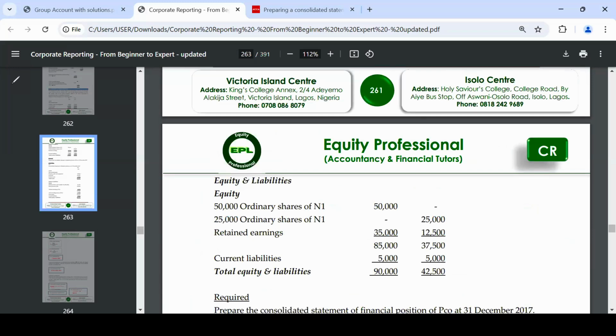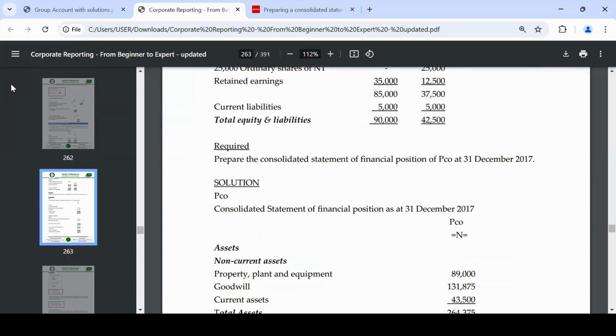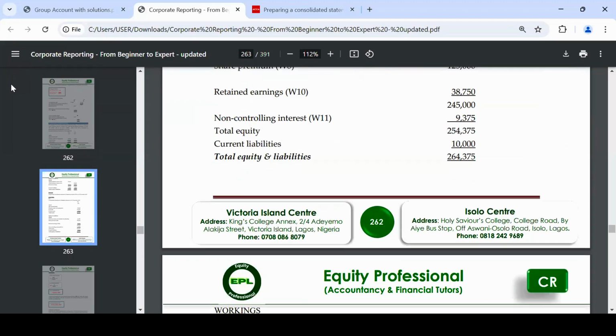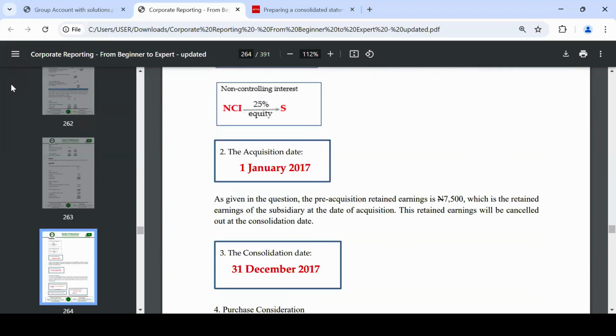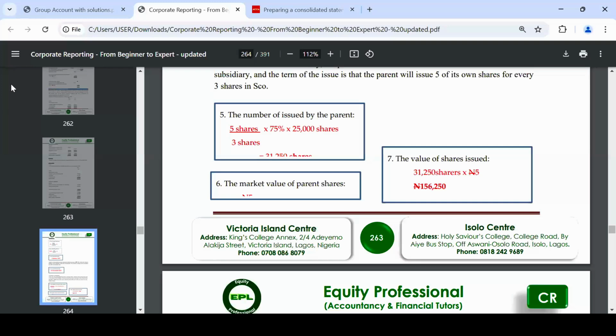But we were given the market value of the parent company shares at 5 naira, meaning that I am going to have a mismatch when I look at it. 5 naira market value, 1 naira book value. Very simple. It means that there is going to be share premium. But first of all, let's see how we're going to calculate the value of these shares.